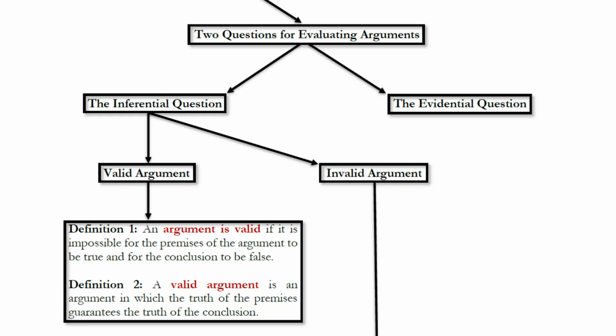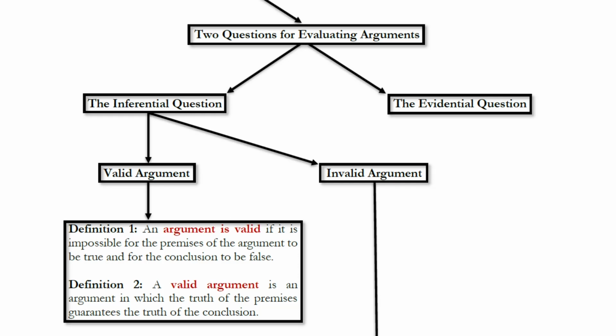The reason for this is because if it really is impossible for the conclusion of the argument to be false while the premises are all true, then there must be something about the underlying logical structure of the premises that makes it so the conclusion cannot be false.